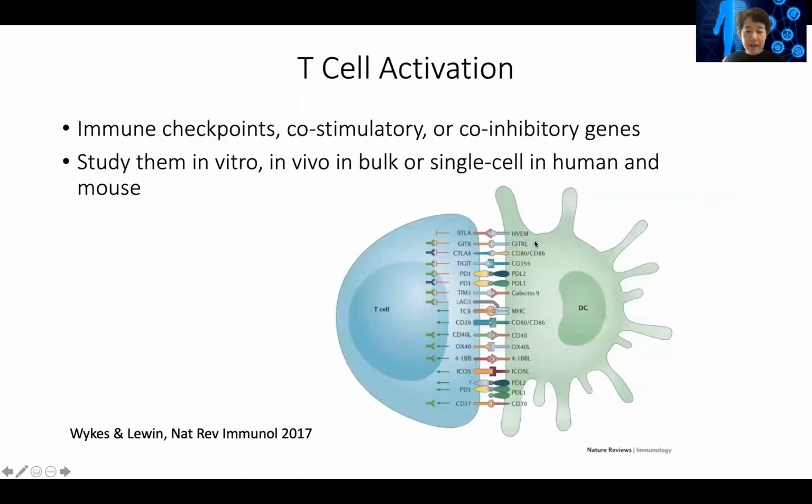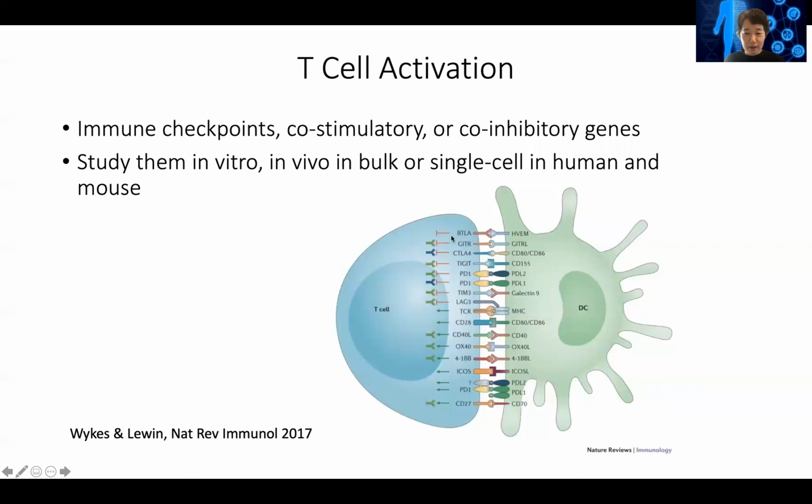And activated T cells have ways to kill the cancer cells. There are many molecules on the cell surface that are called immune checkpoints. They either stimulate T cell activation or inhibit T cell activation.